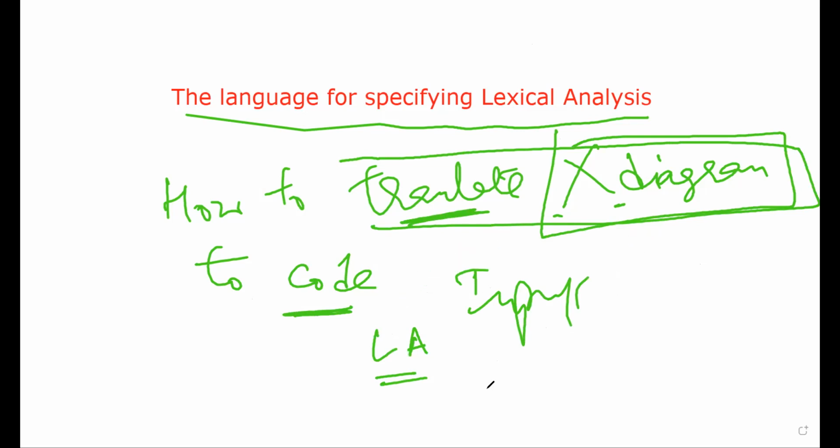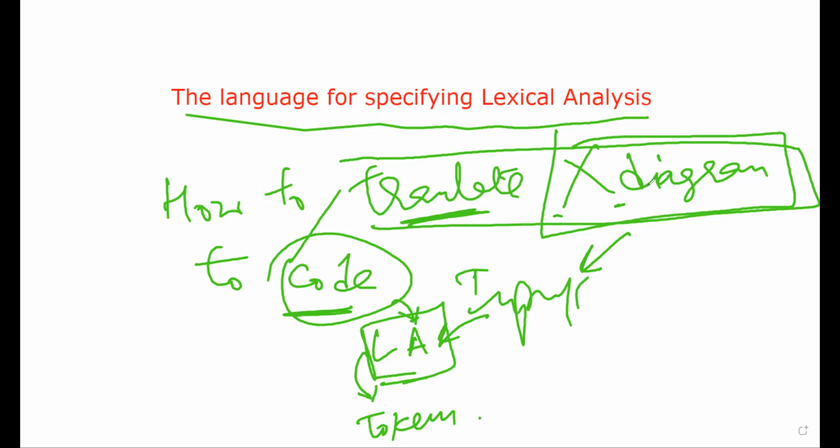In short, the lexical analyzer takes a transition diagram as input and generates tokens, and this lexical analyzer is your code.